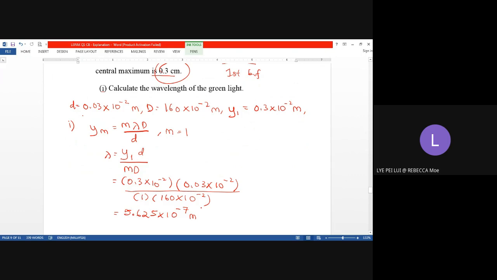If you want to put it in terms of nanometer, it is 562.5 nanometer. Acceptable.